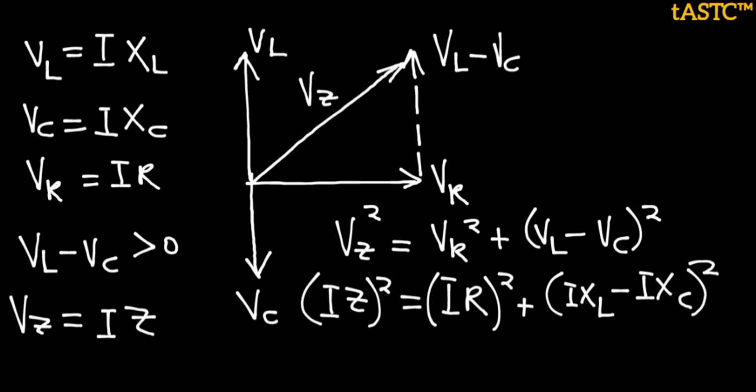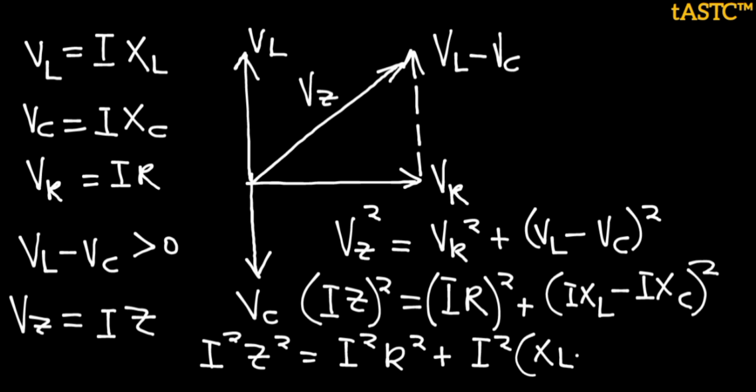So we need to factor I out. So I'm just going to take it this side. We have I squared Z squared. And on this side, we're going to have I squared R squared, plus I squared times X L minus X C, all squared. Now from here, we can factor I squared out.